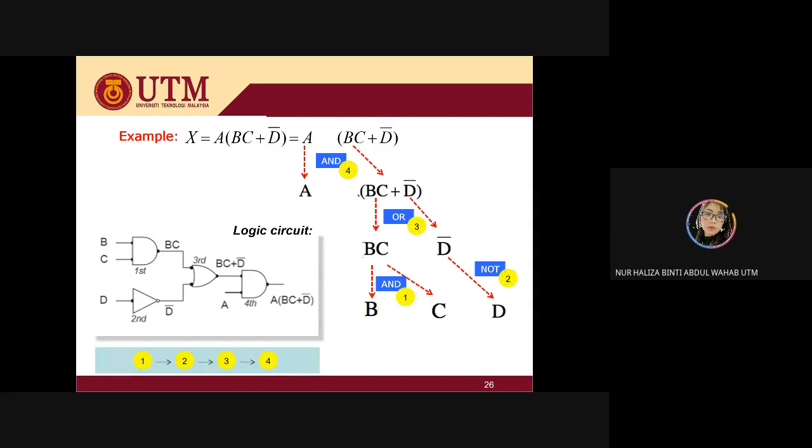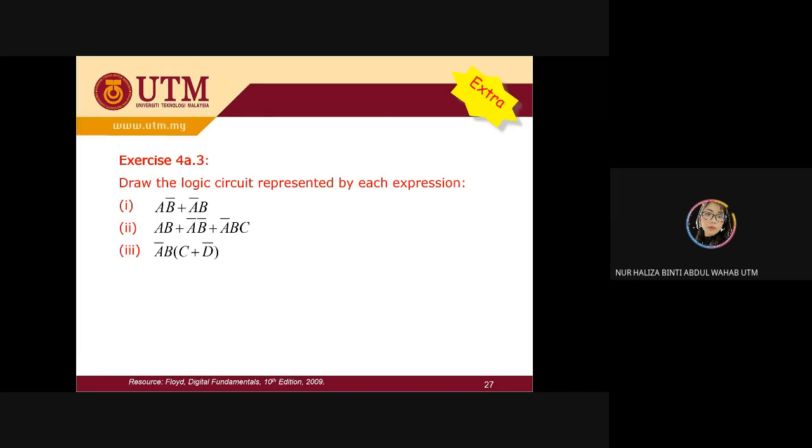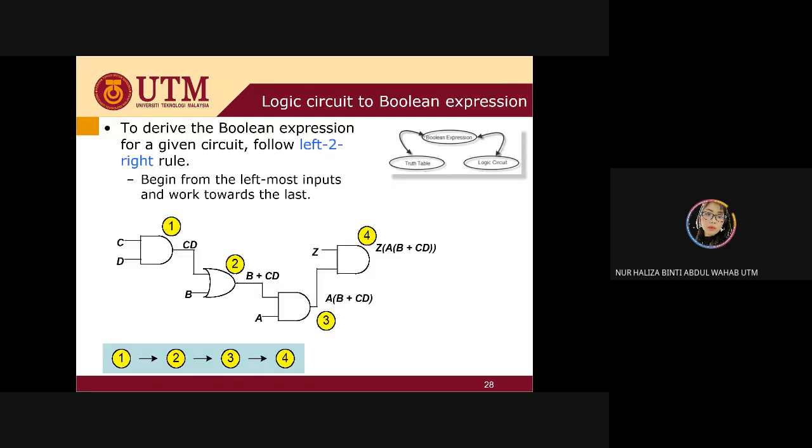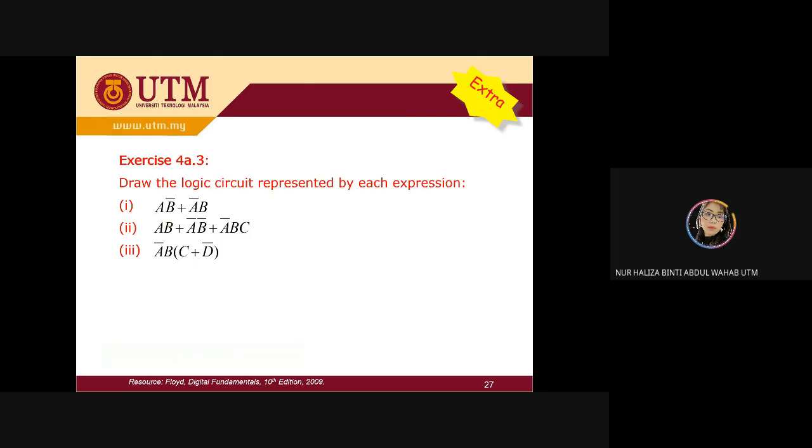And after you have this logic circuit, of course, you need to come out with your truth table. Or before we go to the table, you can draw the logic circuit representing this and this. I think you can easily draw this.